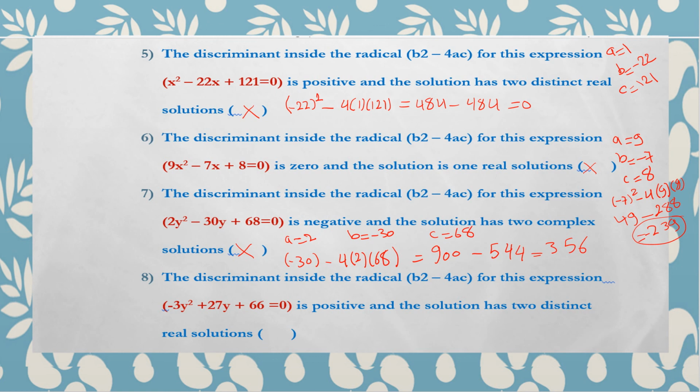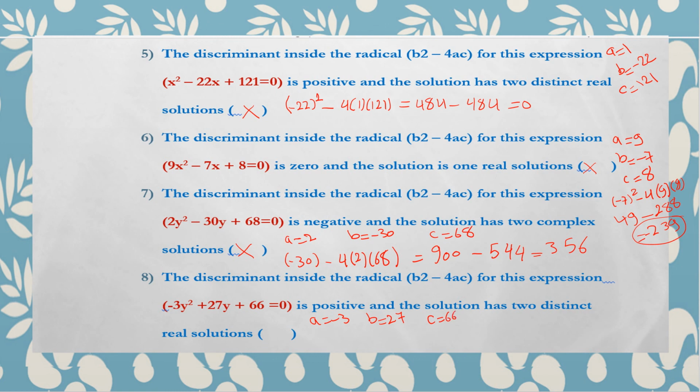Question 8, the discriminant inside the radical for this expression, minus 3y squared plus 27y plus 66 equals 0, is positive, and the solution has two distinct real solutions. We don't know yet until we substitute the values of A, B, and C. So A equals minus 3, B equals 27, and C equals 66.